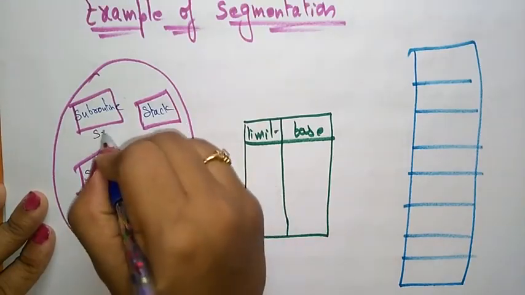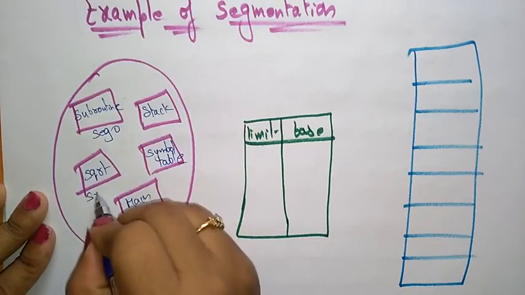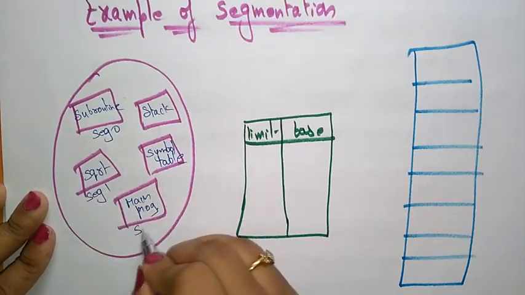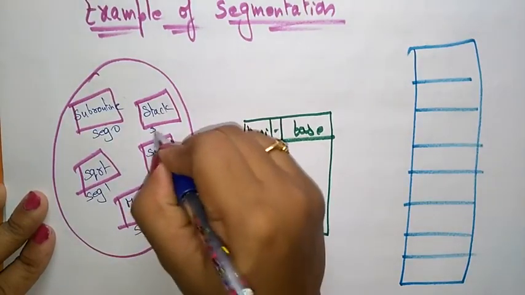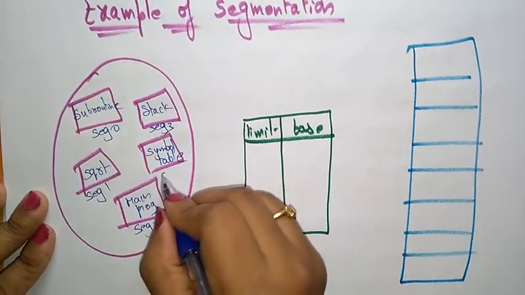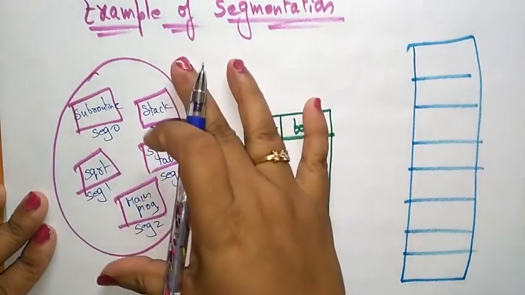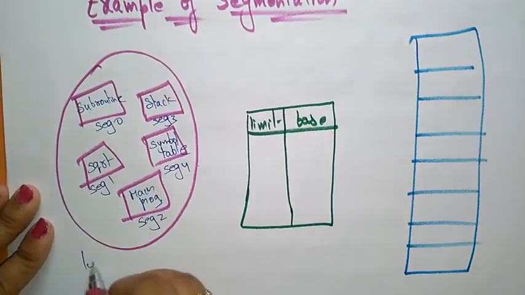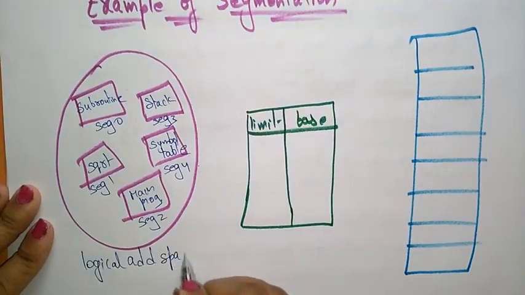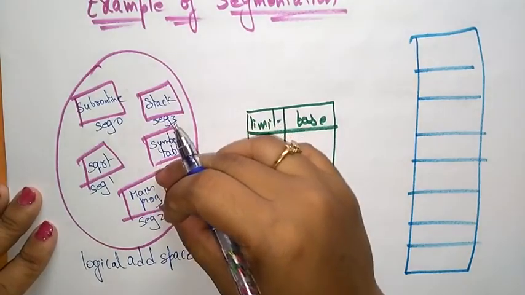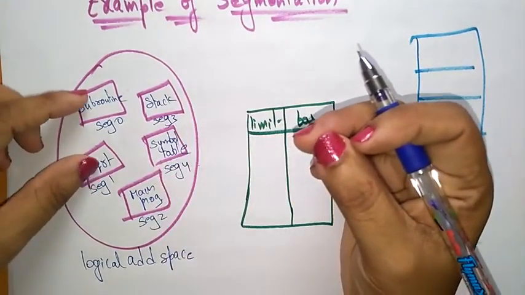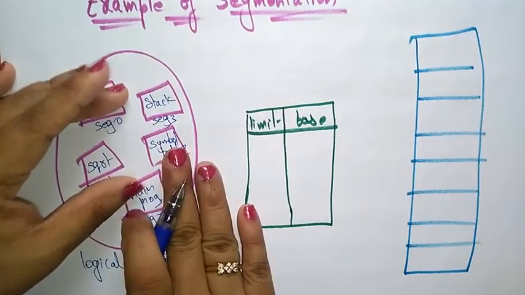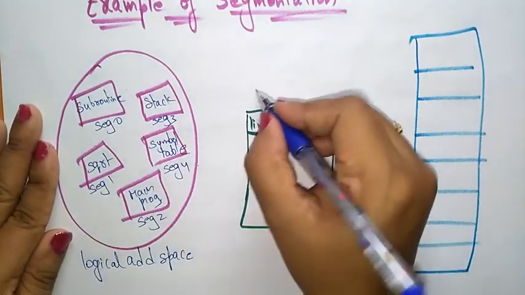Let us say these are segment 0, segment 1, segment 2, segment 3 and segment 4. This is completely the user space that you call the logical address space. The logical address space consists of all these segment names plus the offset. These segments will be stored in the segment table.